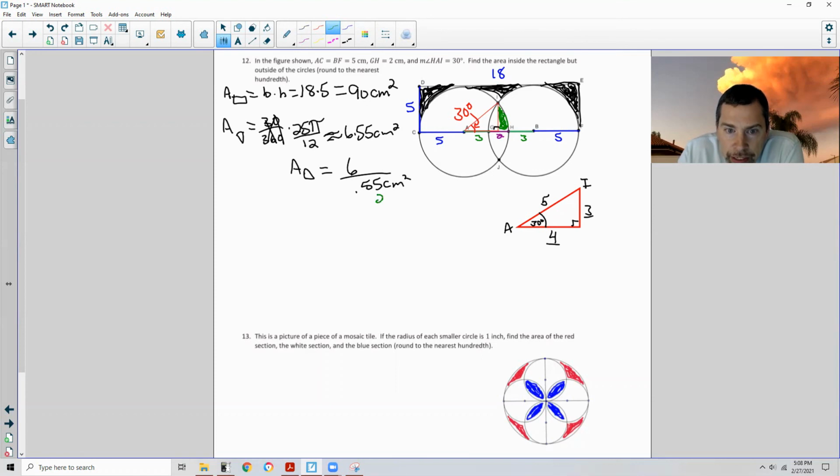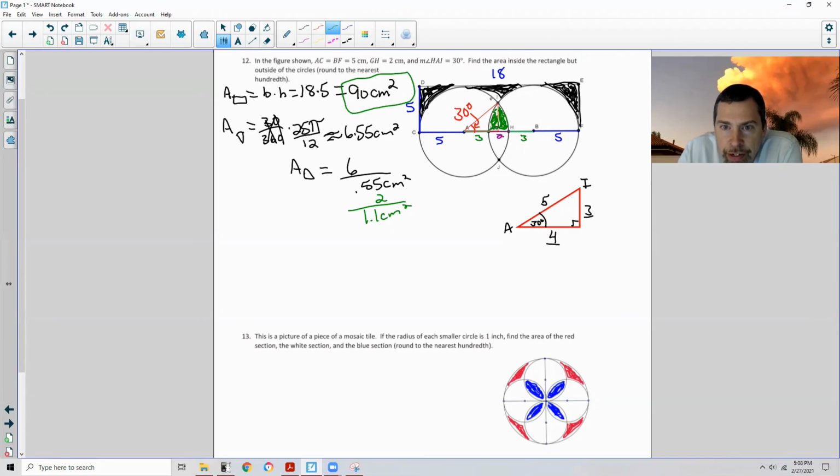So if I multiply that by 2, that would come out to be 1.1 centimeters squared for this whole region right here. Okay, so I'm going to subtract that. So now we're going to take the rectangle, which is here, subtract this, and then subtract, actually, here's what we'll do.